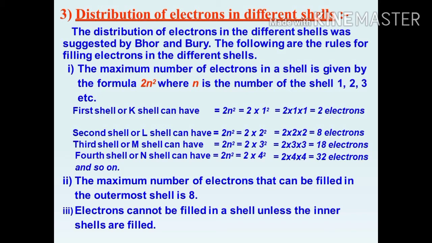If the first shell contains 1 or more than 2, the atom cannot be in a stable condition. So the first shell should contain 2, the second shell 8, third 18, fourth 32. For making an atom stable, the outermost shell should contain 8 electrons.